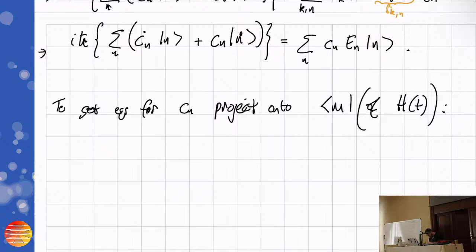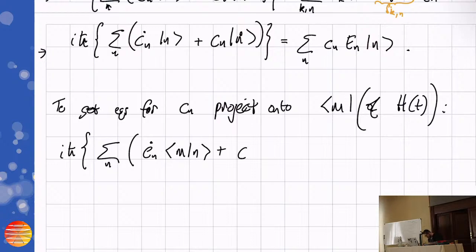What I have is iħ, and I have the sum over n of Cn dot, and then here I will have ⟨m|n⟩ plus a Cn ⟨m|n dot⟩.